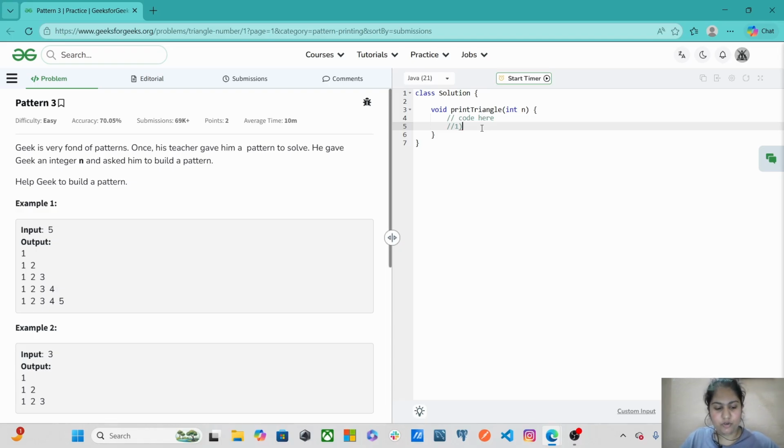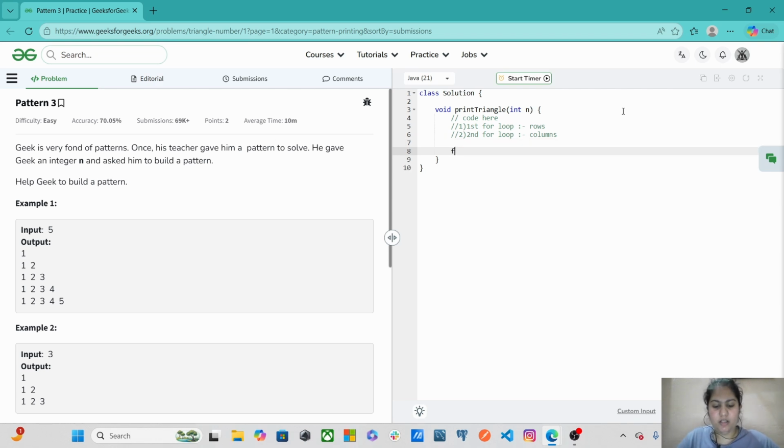The first for loop represents the number of rows, whereas the second for loop represents the number of columns. And using these two loops, we can represent what we are going to print and how many times.